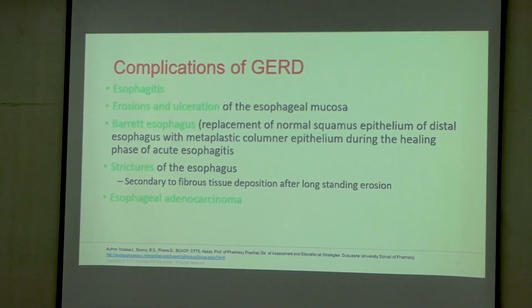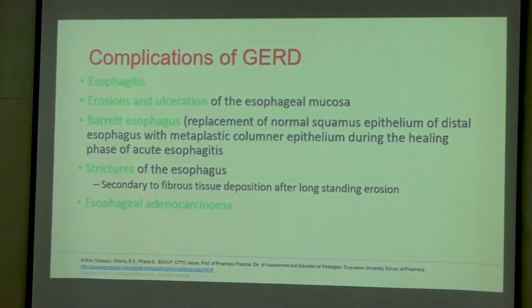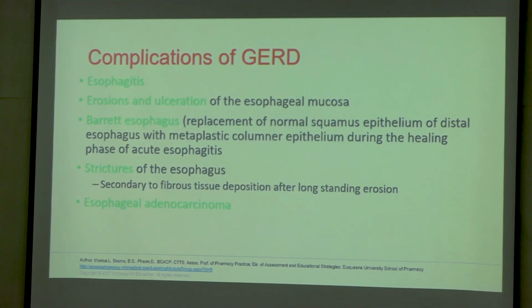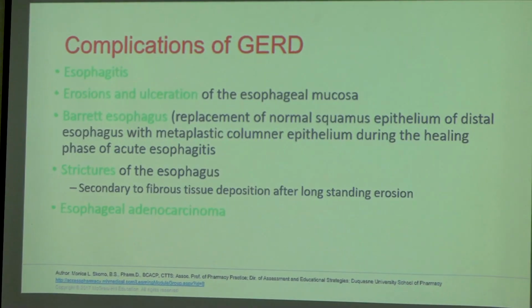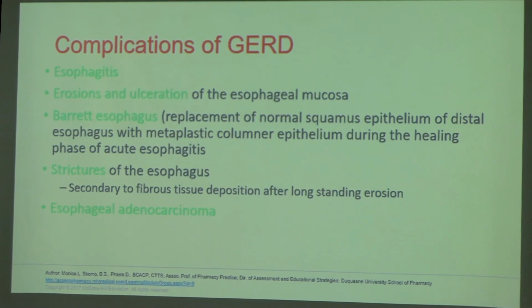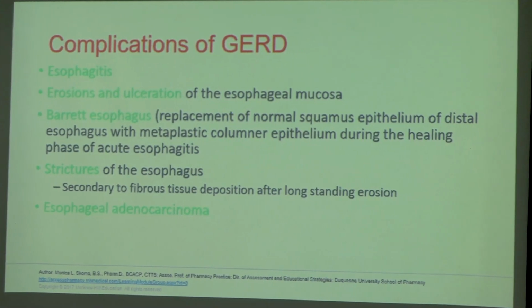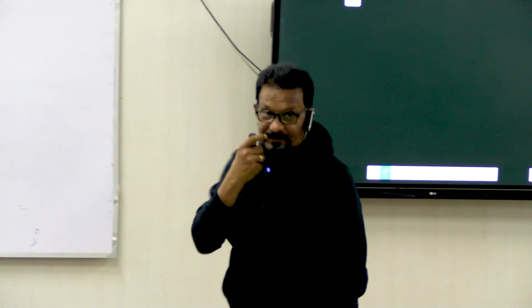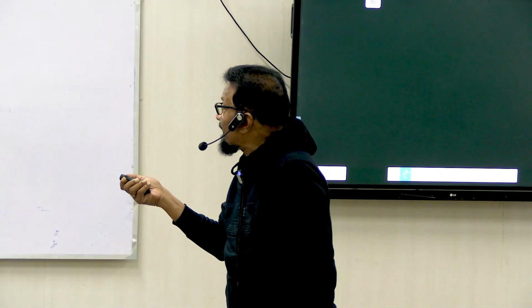Complications of GERD. If repeated GERD is there, what complications may arise? First is esophagitis, inflammation of the esophagus. Next is erosion and ulceration. The third point is Barrett esophagus. What is Barrett esophagus?